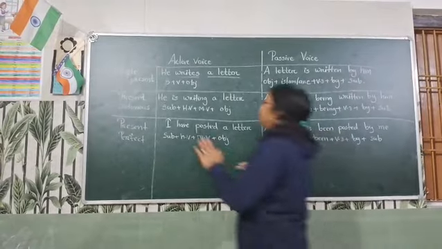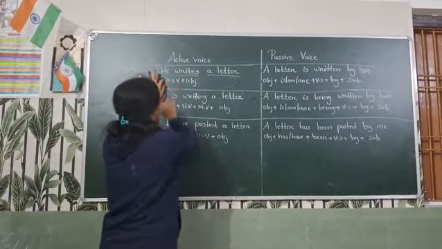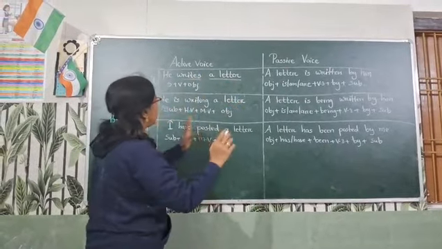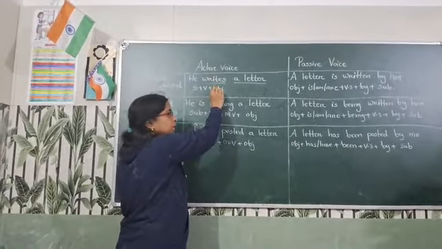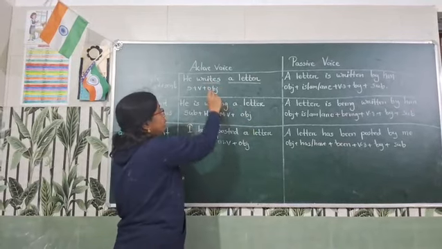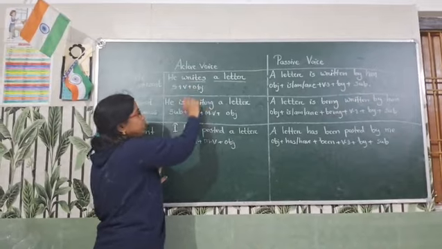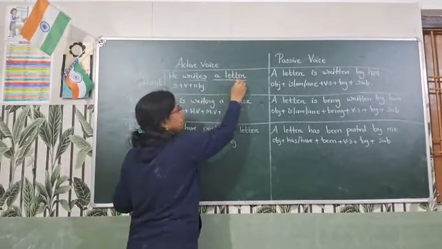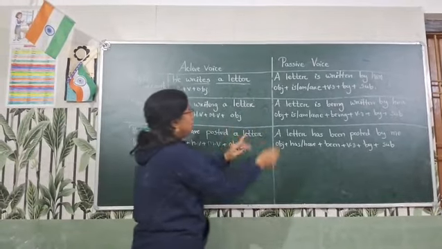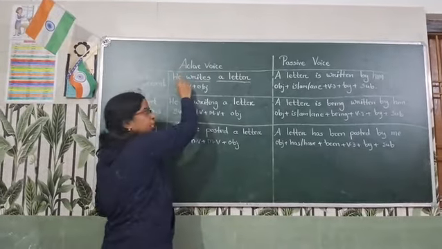Again, here he is the subject, writes is the verb, a letter is the object. First we will see which tense the verb denotes. Writes is the present tense. Then the object is singular. When you change from active voice to passive voice, the object comes to the subject place.